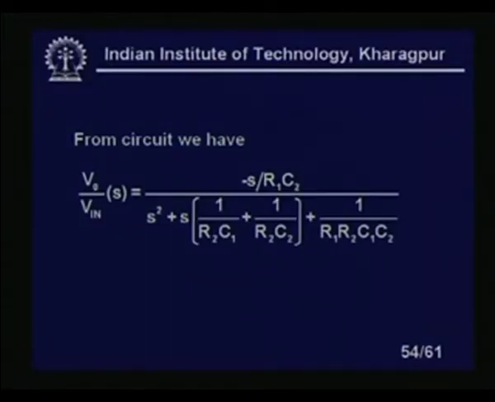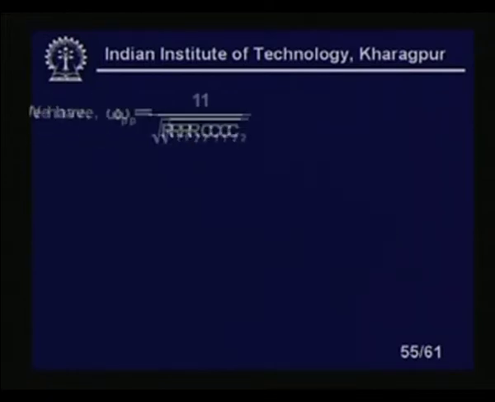Now, from the circuit we can write: minus s upon R1 C2, upon s square plus s into 1 upon R2 C1 plus 1 upon R2 C2, plus 1 upon R1 R2 C1 C2.